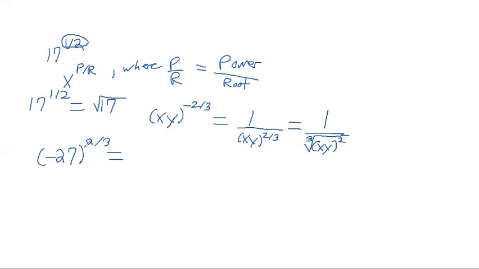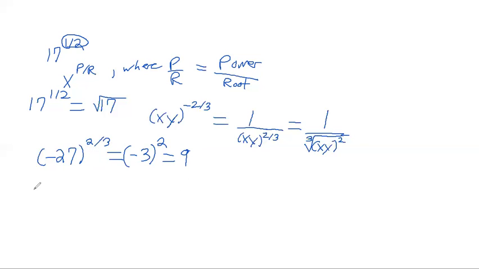You're generally better off doing the root part first, because it makes it an easier calculation since you're dealing with smaller numbers. So first off, the cubed root of negative 27 is negative 3, because negative 3 times negative 3 times negative 3 is negative 27. I still have the power of 2 here. Negative 3 to the second power is 9. So that's the solution to this.